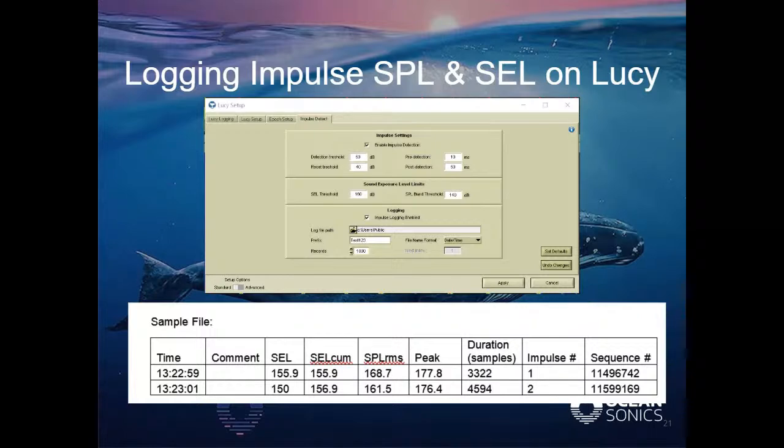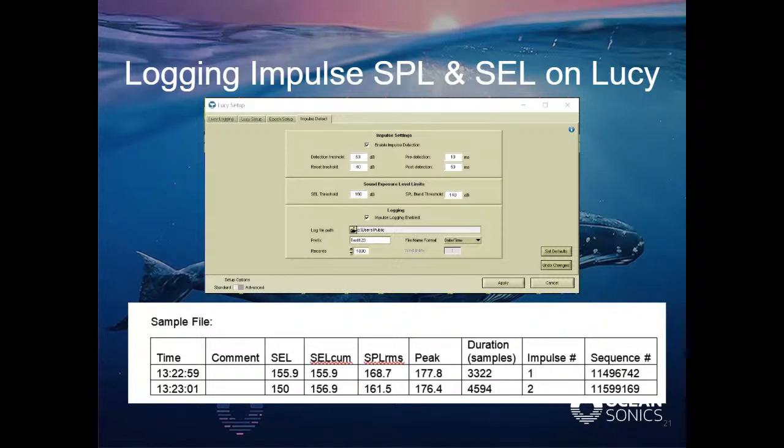And it will also show you the sound exposure level of that impulse, so the single strike SEL, an SEL cumulative value, an SPL RMS, and a peak value. And then it will also tell you the duration in samples that pulse lasted. And we'll do that for every pulse.